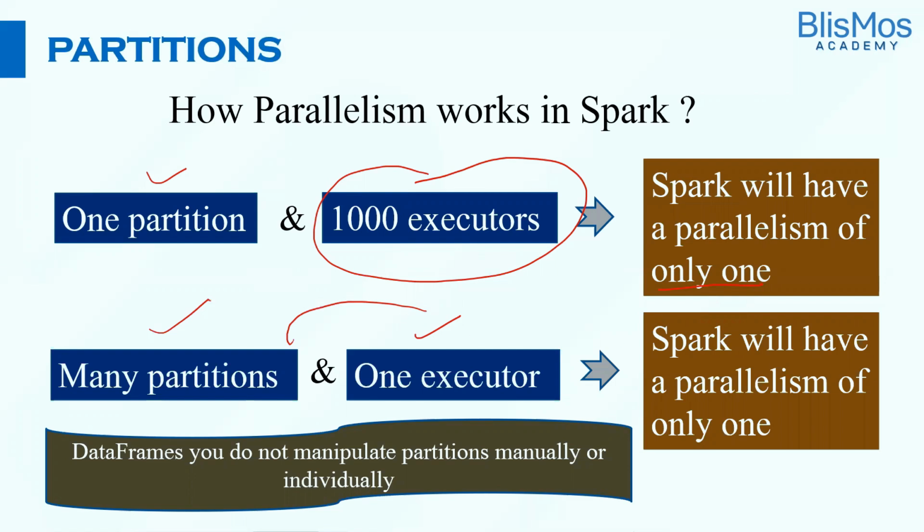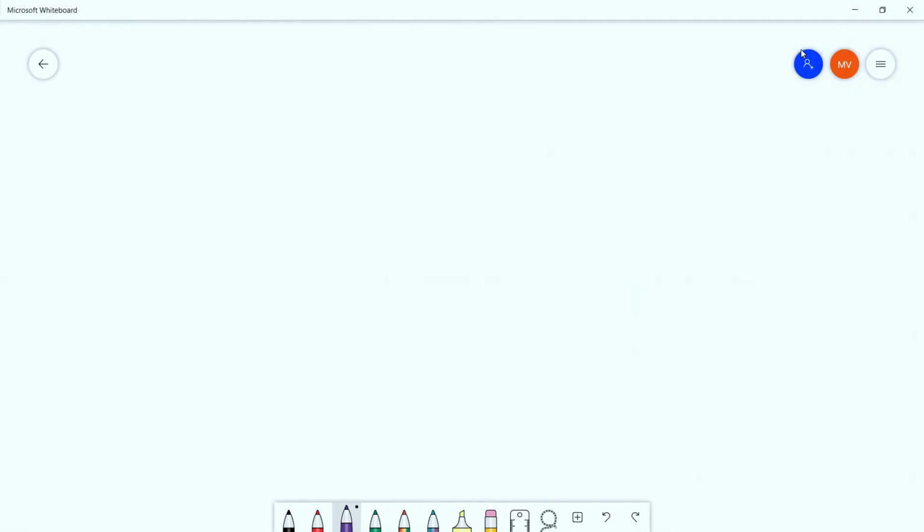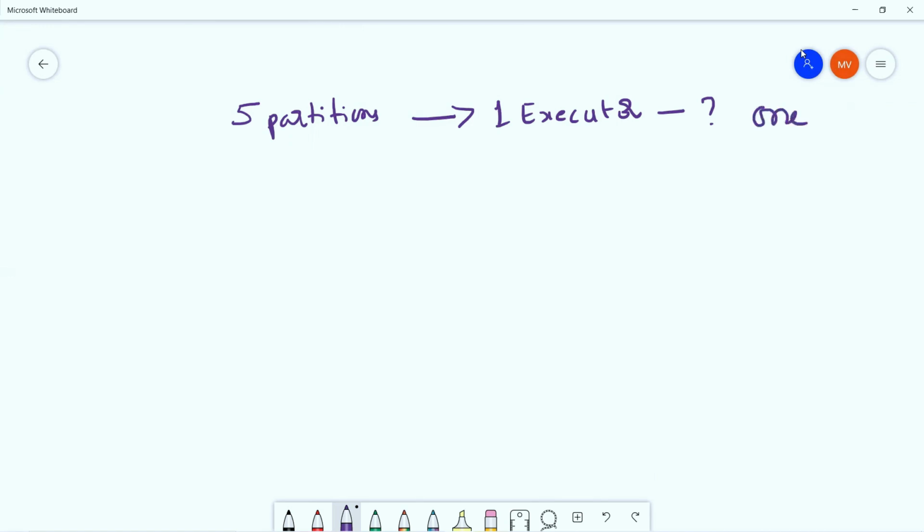So let us take an example. Let us say you have 5 partitions and you have one executor. Any idea what the parallelism will be here? Can you think of it? Again, the parallelism is going to be only one. Now, 5 partitions and 2 executors.